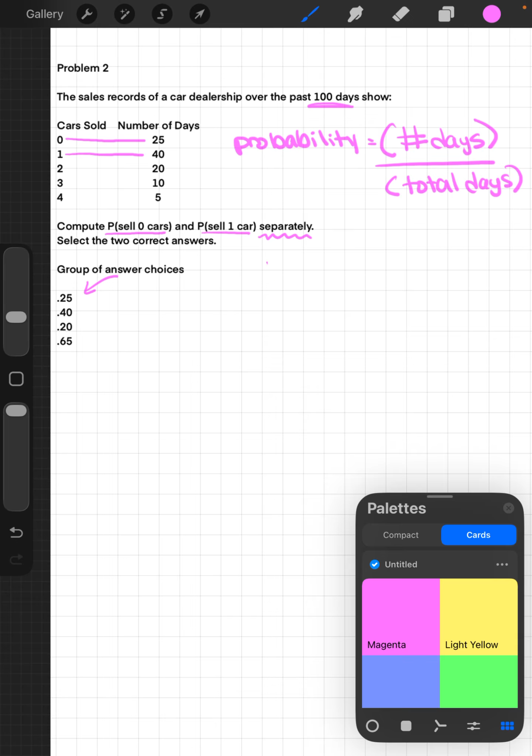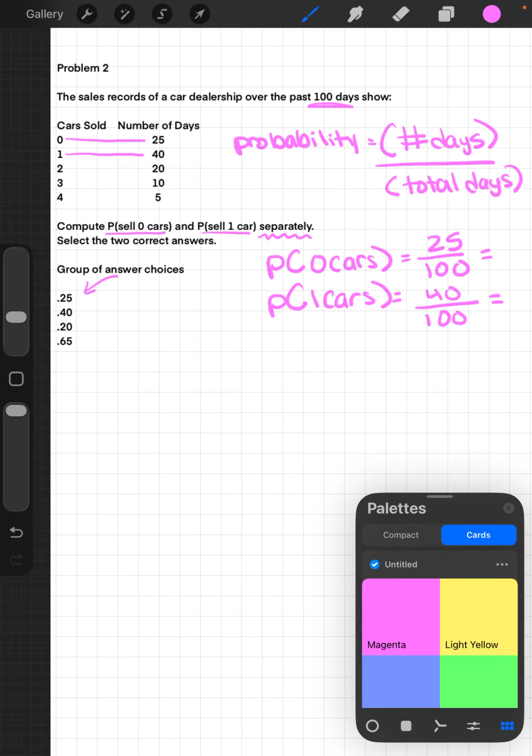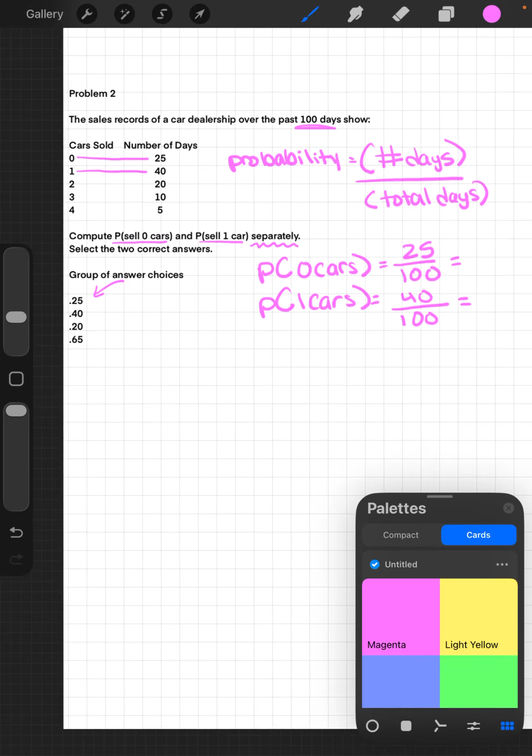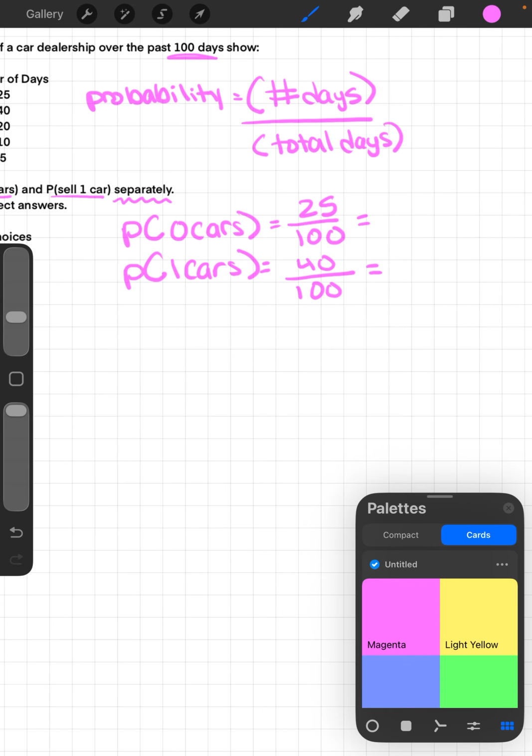So P of 0 cars, that's 25 over 100. P of 1 car, that's 40 over 100. And this is like relative frequency, if you remember from last chapter.